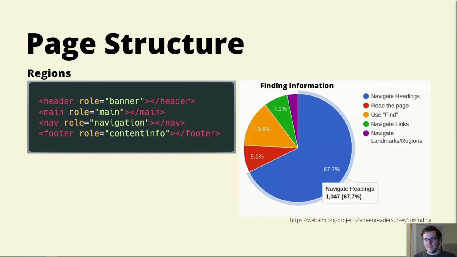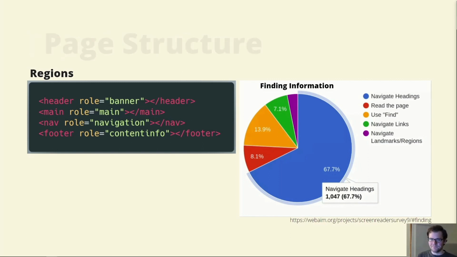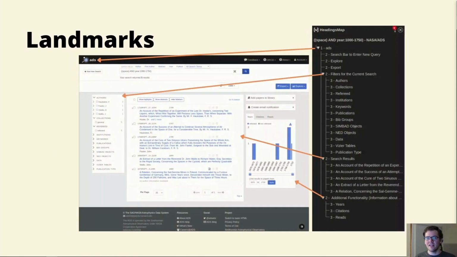WebAIM, however, in their screen reader survey actually noted that the main way people seem to want to navigate is using headings instead. And so that's another important part of structuring your website. Using headings, you can lay out all of the different sections on your site, and you can use them to have a hierarchy of content.